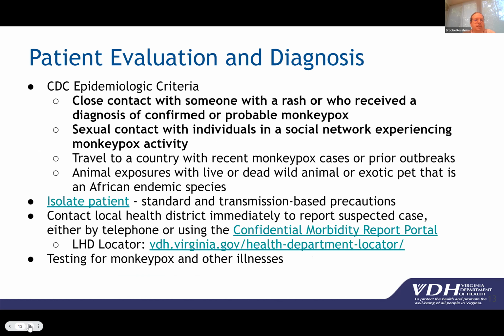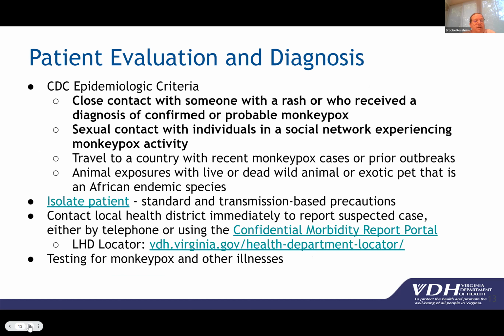So we mentioned epidemiologic criteria, so let's talk about that a little bit more. CDC has some epi criteria that would give you an indication that you might be dealing with monkeypox. So is the patient a close contact with someone with a rash or who received a diagnosis of confirmed or probable monkeypox?